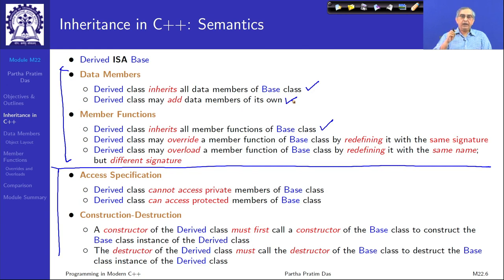So, it is called inheritance because it works much in the same way as real life inheritance, like we regularly inherit assets and liabilities from our parents, right.